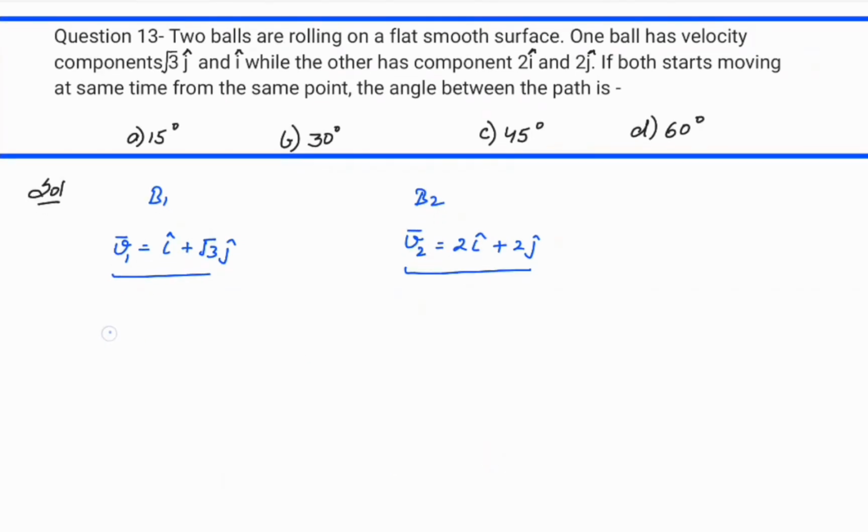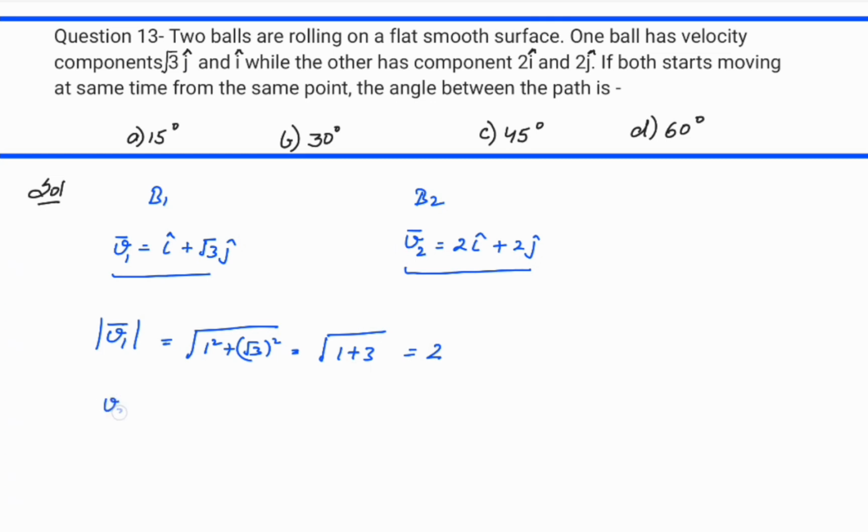Okay, what is the magnitude of vector v1? It will be equal to under root of ax square plus ay square, which means root of 1 square plus root 3 square. How much will you get? You will get under root of 1 plus 3, which is under root of 4, and that is equal to 2.